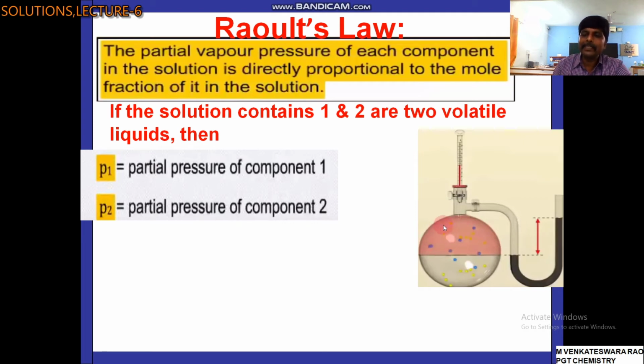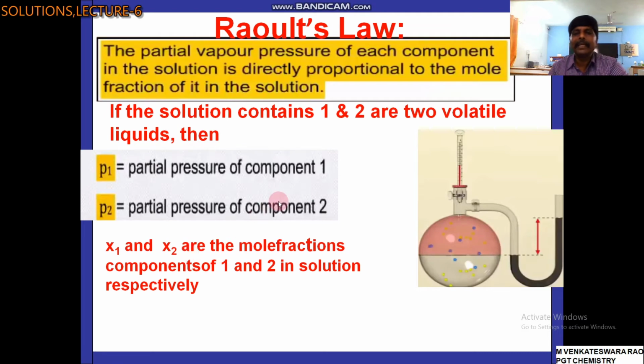The vapor pressure is exerted because of these two. Because of component 1, the partial vapor pressure is P1. Because of component 2, the partial pressure is P2. Similarly, X1 and X2 are the mole fractions of components 1 and 2 in solution respectively.